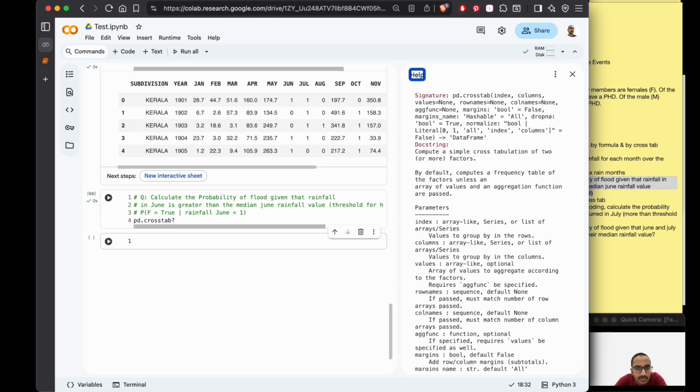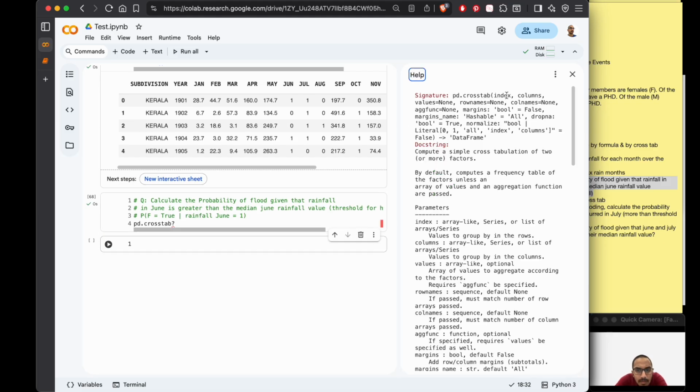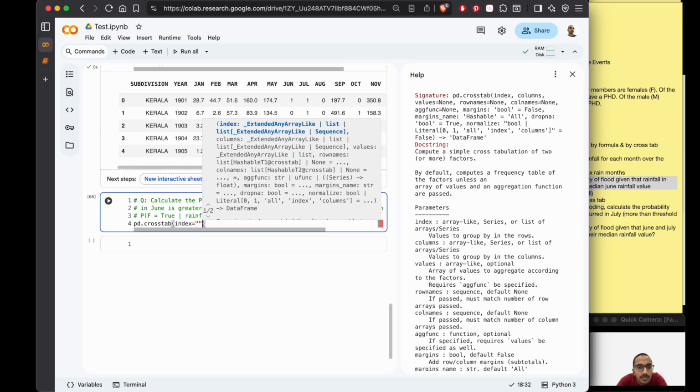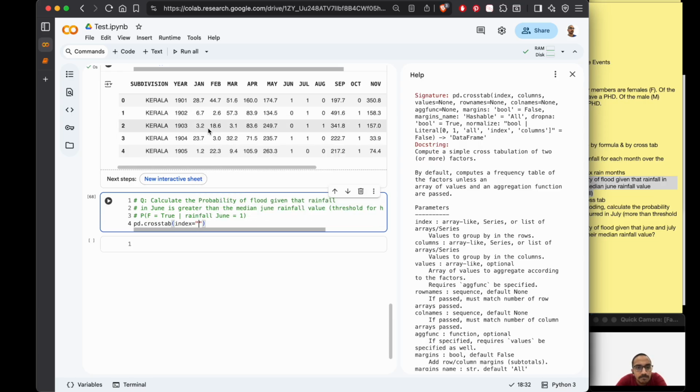Let's look at the signature once. So it's taking index and columns. We'll set our index as June, and columns.